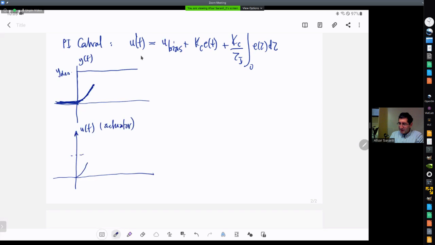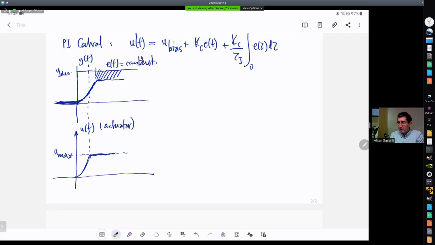But then let's say this is your saturation value, U max. You cannot go beyond this value. So your actuator saturates, and your output will no longer be able to close the gap in the error. So this output will also saturate, and you will have basically an error here, E of t equal to a constant. Even if it's not constant, it's not going to diminish anymore because you are not able to supply the required input.